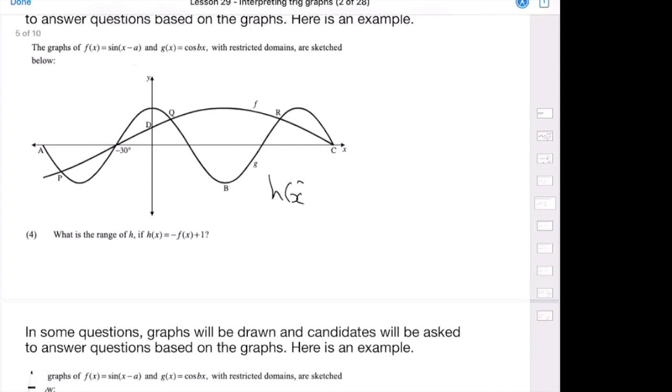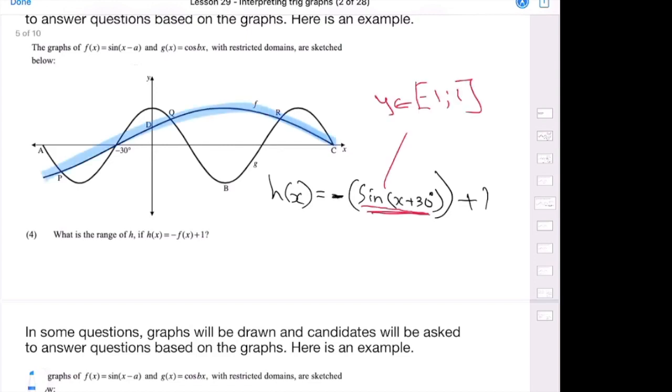That means function h will be equal to negative f of x, but we know f of x. f of x is sine of x plus 30 degrees, all that plus 1. So this graph must be reflected along the x-axis. That is what the minus sign is telling us.